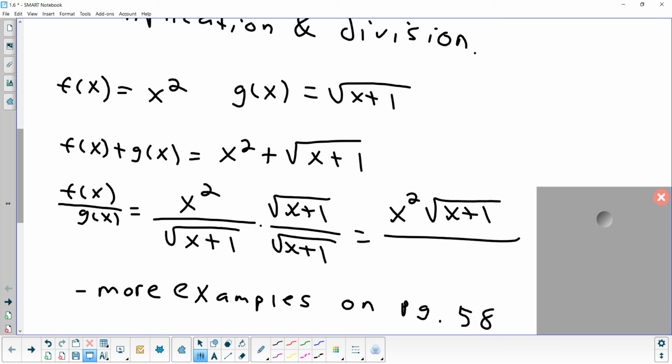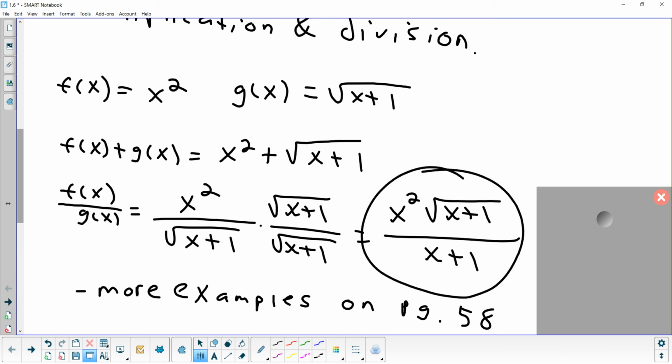And then in the bottom, the square root of x plus 1 times the square root of x plus 1, the square root cancels, and you're left with x plus 1. So that one had a little bit more work just because of the square root. Any questions on that one?